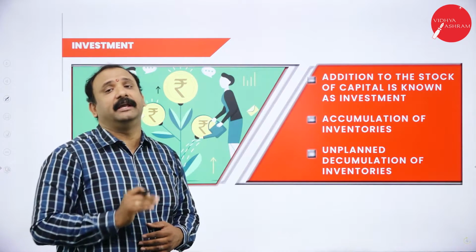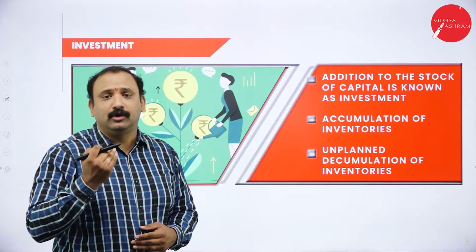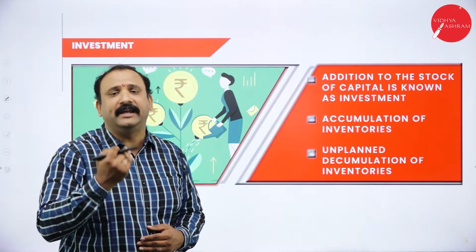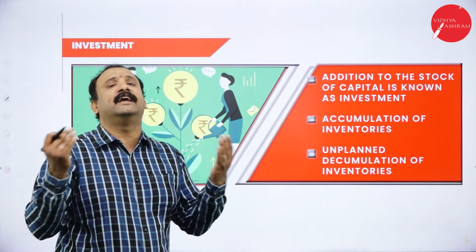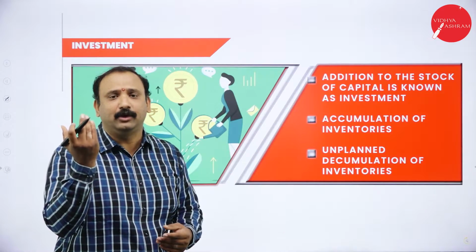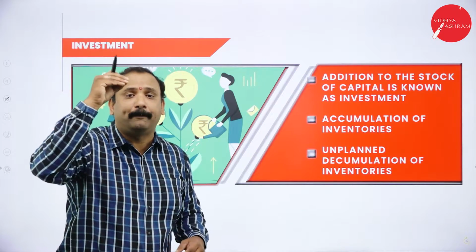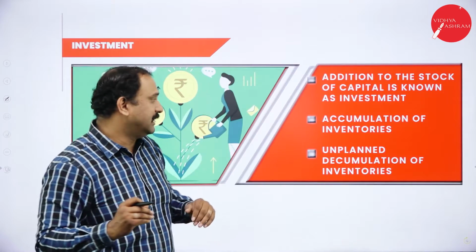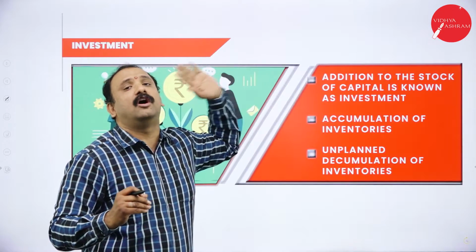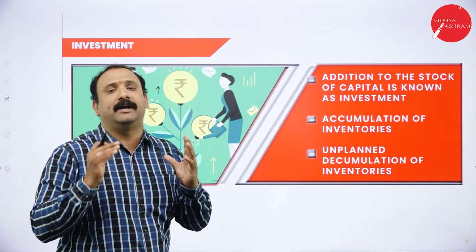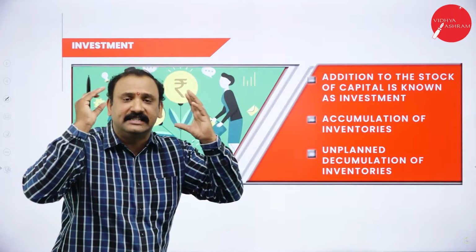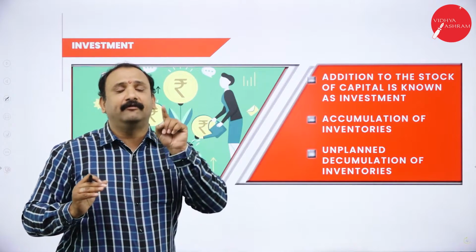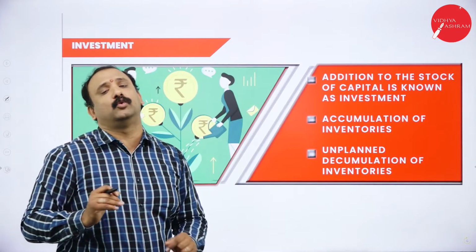Now, this is very, very important. Why? Because I would not just try to build my investment on anything and every sector. I would try to build up my stock on a particular sector and start increasing my inventory levels. Accumulation of inventory. I want to accumulate my raw materials, my necessary inputs, so that I will be able to take it forward towards growth.